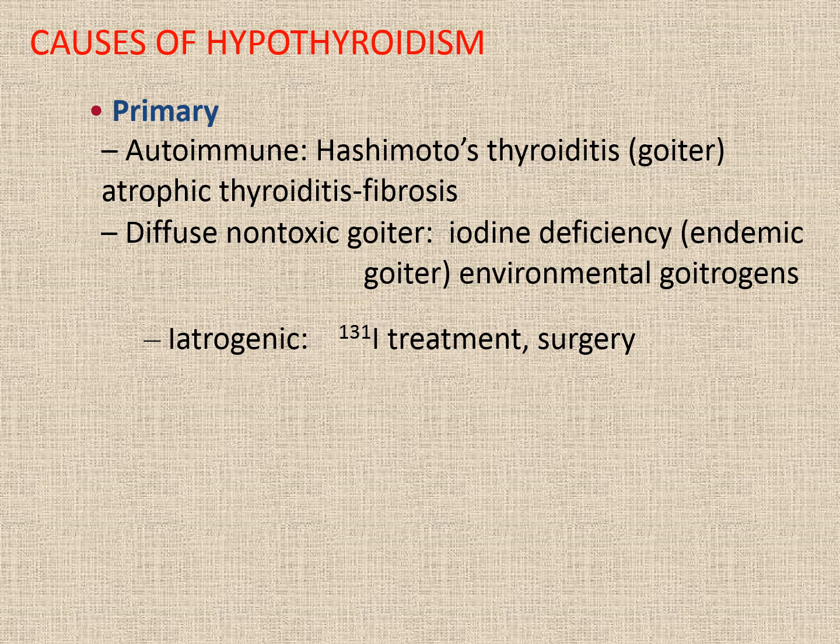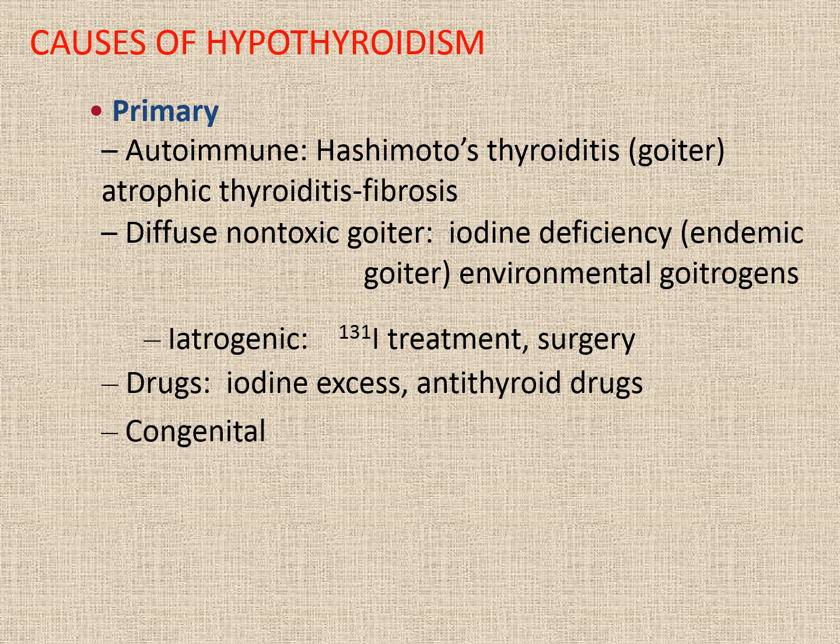Then iatrogenic, due to radioactive iodine therapy or surgical removal. Then drugs, iodide excess or overdose of the antithyroid drug, and some congenital causes like maternal iodine deficiency, fetal thyroid dysgenesis and others.